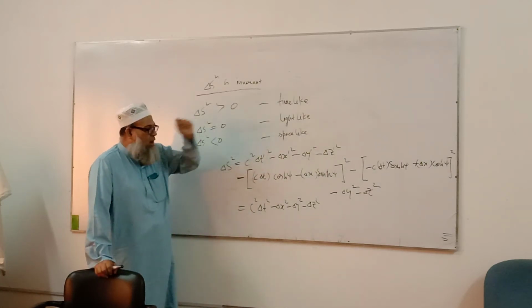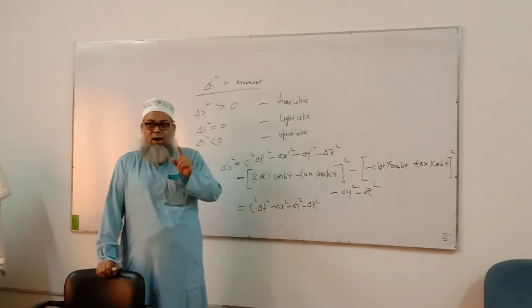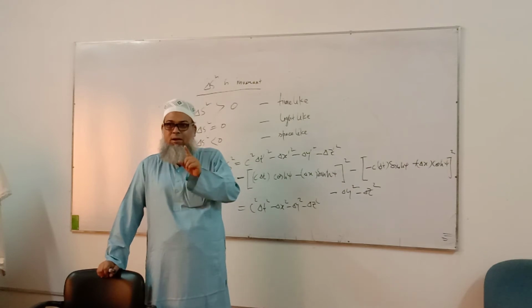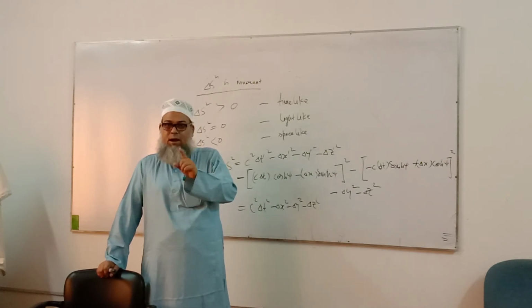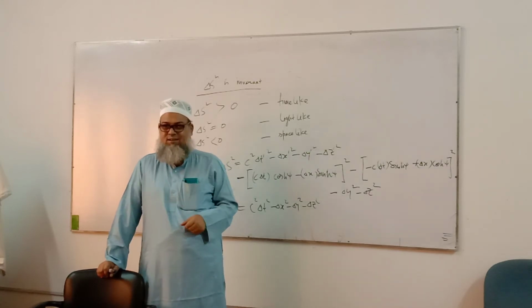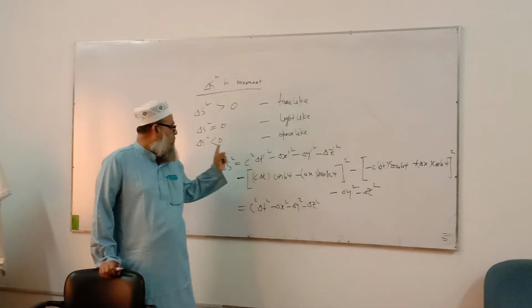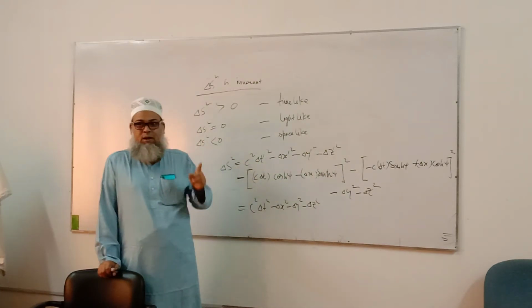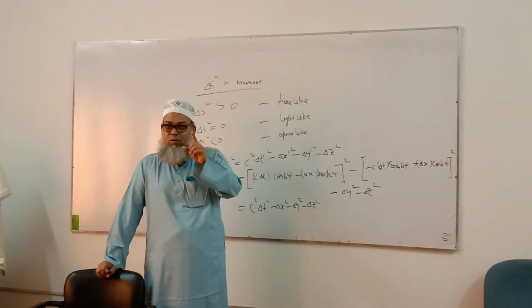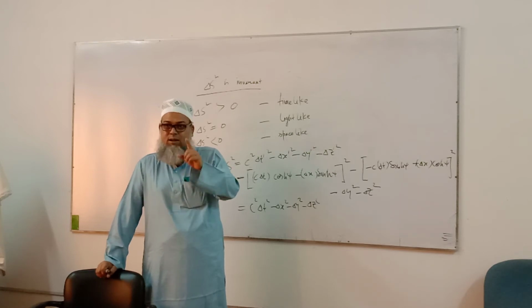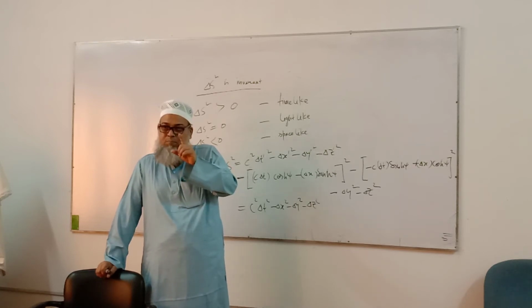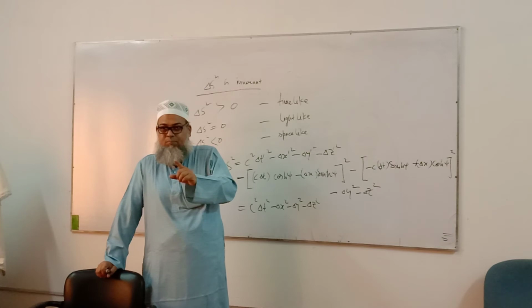While for a space-like interval, you will find a frame where the two events occur at the same time but are separated by space. When the interval is space-like, you can find a frame where the two events are occurring at the same time.